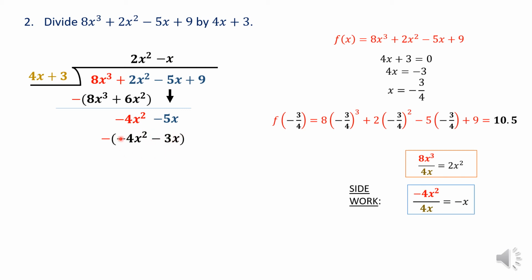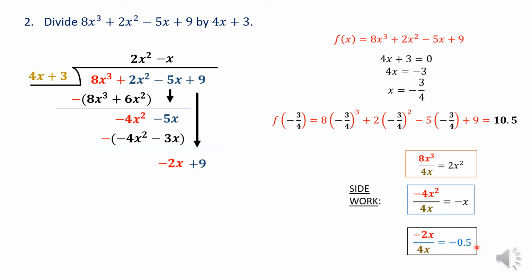So I put them in brackets and you are supposed to subtract. Now, you do realize the square terms will cancel, and negative 5x minus negative 3x is negative 2x. Before I divide the 4x into the minus 2x, it will be wise to bring down that 9 there. So I'm going to bring in my side work. I'm taking the negative 2x and dividing it by 4x.